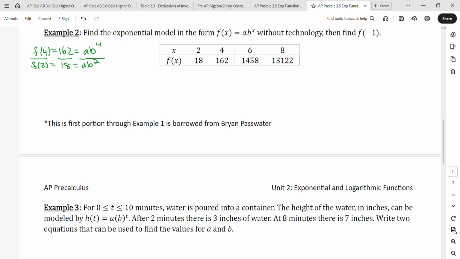So if we're trying to find what the a and the b are, without the calculator, I can use a ratio to calculate some of these different parts. For instance, 162 divided by 18 is 9. What is a divided by a? 1. What's b to the 4th divided by b squared?